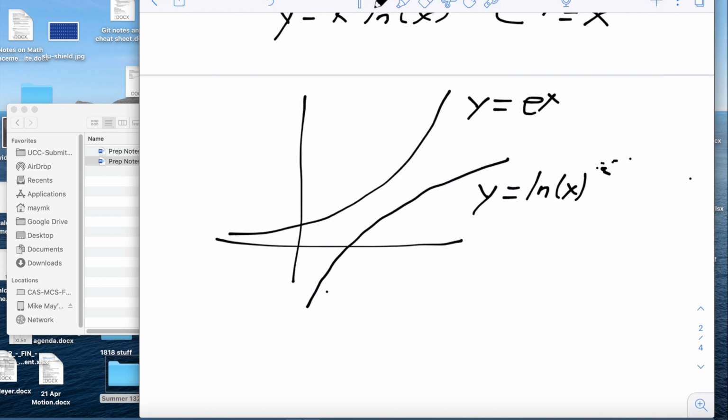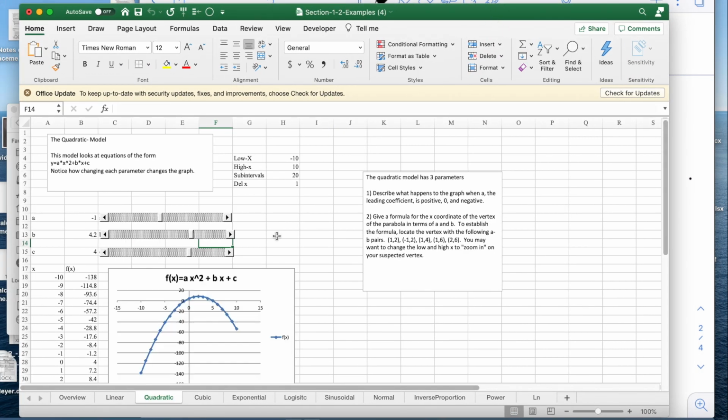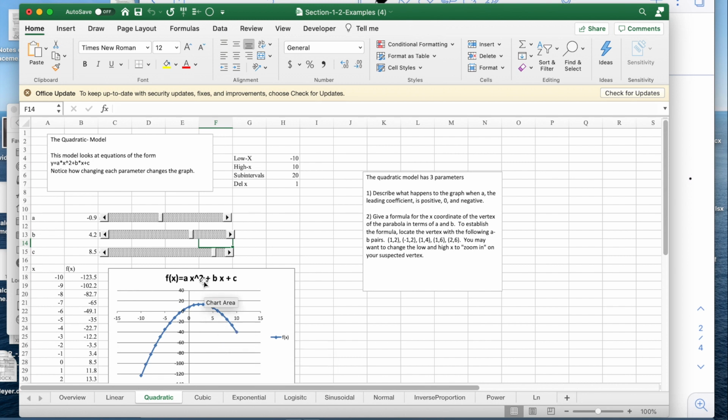Again, my recommendation is to grab the worksheet that's attached to it and look at what happens when you change the variables. On all of these, we're going to ask what are interesting points. So if I'm looking at a quadratic function, the places where it intersects the axes, those are going to be interesting points, and the vertex is going to be an interesting point.